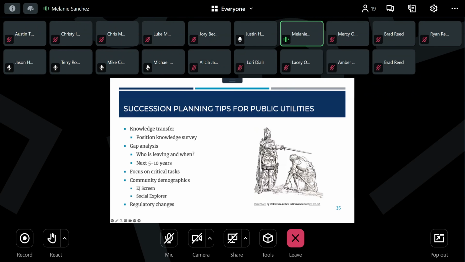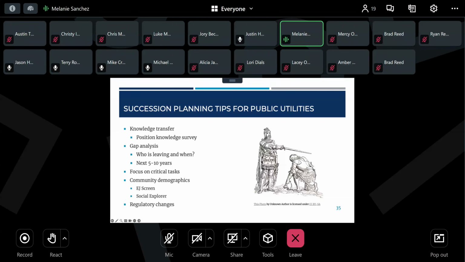Community demographics. So you want to start considering demographics of your community. Is it changing? Are there going to be new challenges and expectations? You want to align succession planning with the evolving needs of your community. I have two things here. So EJ Screen is pretty helpful. There's definitely some pitfalls in it, but overall pretty helpful in assessing risks in your community.